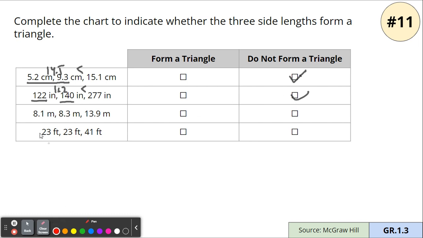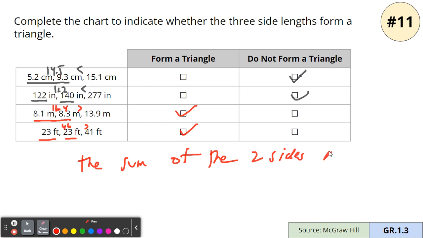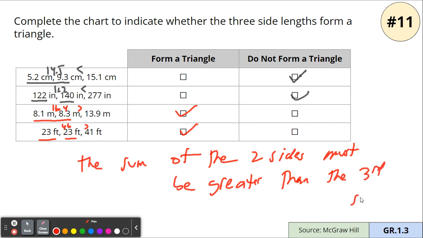For the next one, 8.3 and 8.1 will give you 16.4, bigger than 13.9, so therefore they form a triangle. 23 plus 23 is 46, bigger than 41, they form a triangle. Remember, the sum of any two sides must always be greater than the third side to form a triangle.